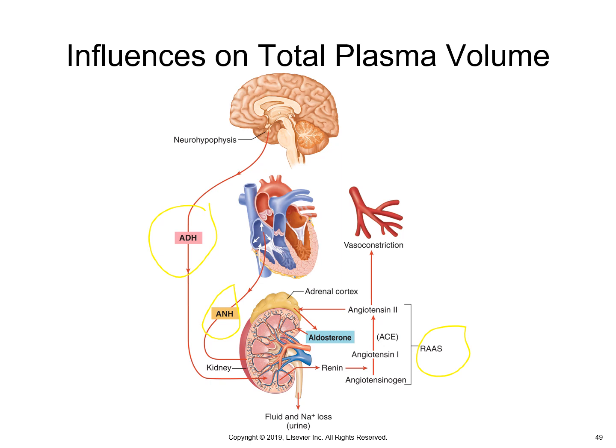The RAS system is the renin angiotensin aldosterone system, and then we have the atrial natriuretic hormone.